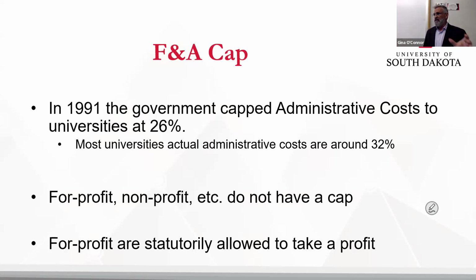When folks have gone through and done the analysis, they usually find that most universities' administrative costs are sitting around 32%. I'll talk a little bit about the details for USD. It's interesting that for-profit, nonprofit, and other folks that receive federal awards have no cap placed on their administrative costs. Additionally, by statute, for-profit organizations can even charge a fee of up to 7%.